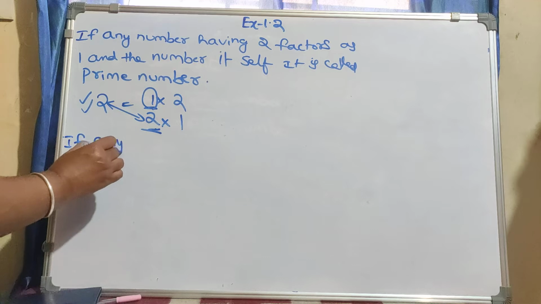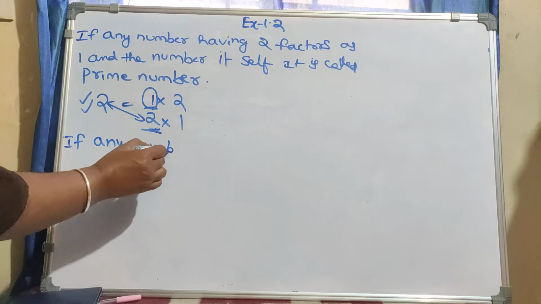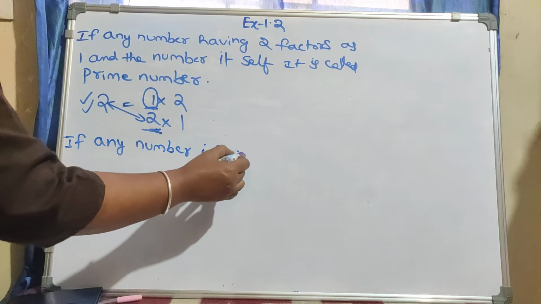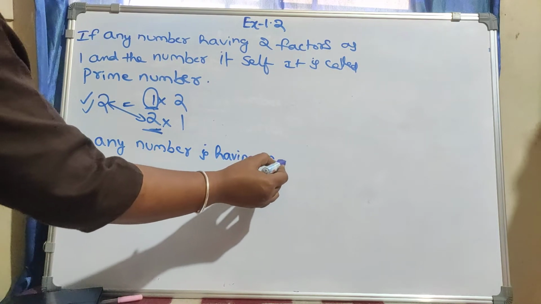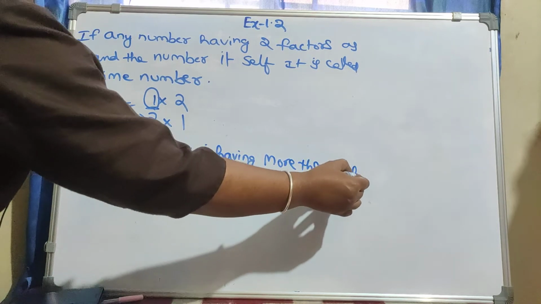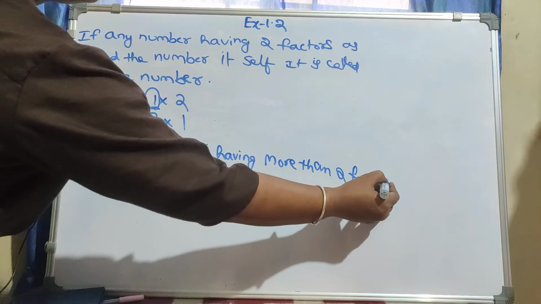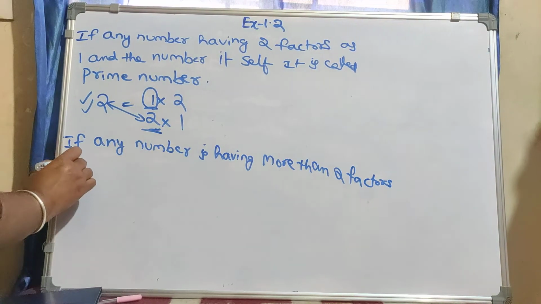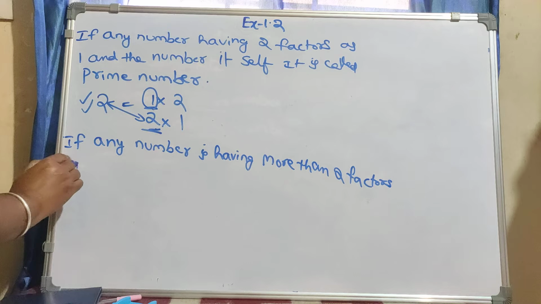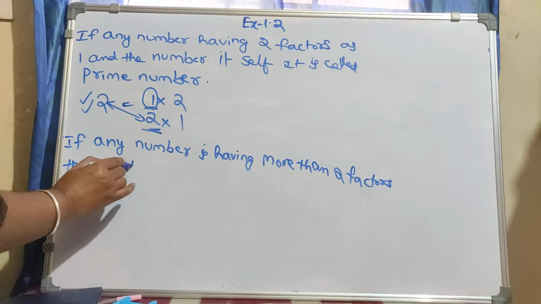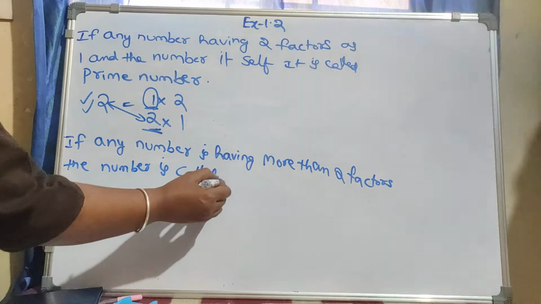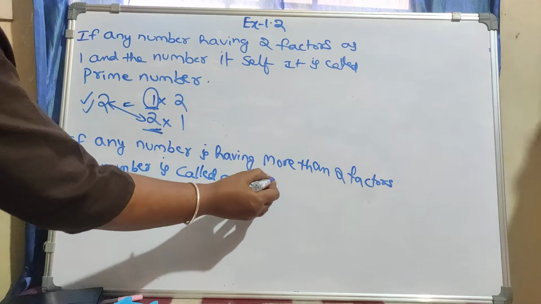And what is a composite number? If any number has more than two factors, the number is called a composite number.